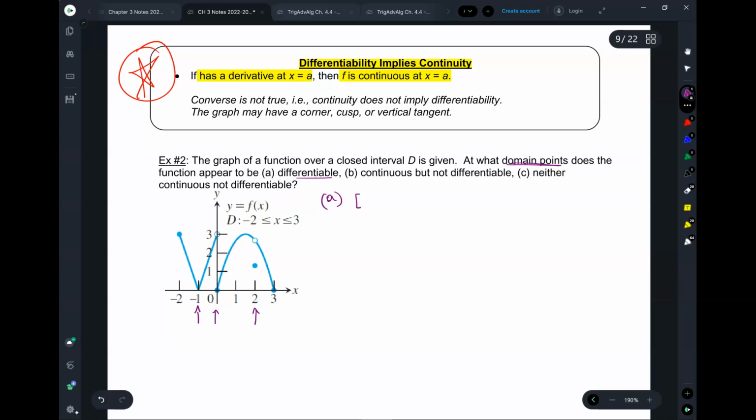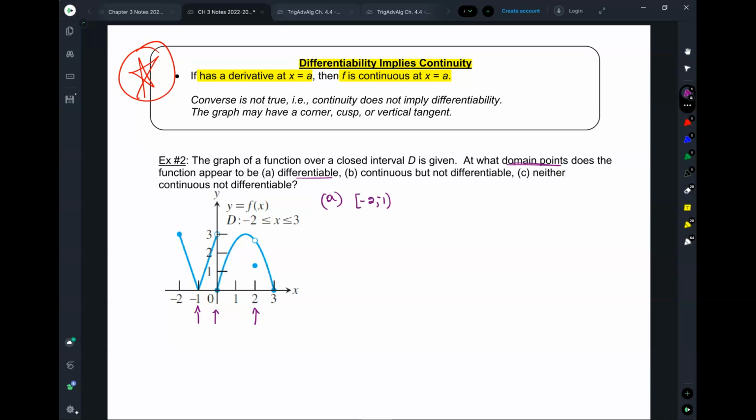Wait, why is it not differentiable at 0? Because it's a discontinuity. That's on page 1 of this lesson. We'll get back to it. Is it continuous? At -2 to -1, it's differentiable.